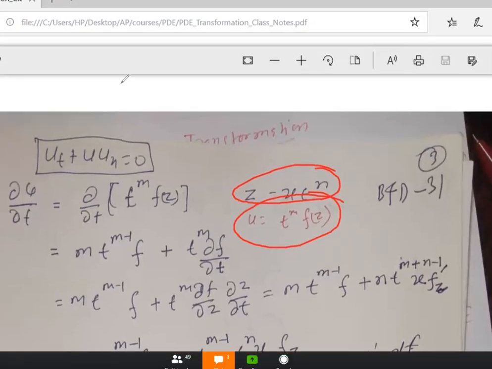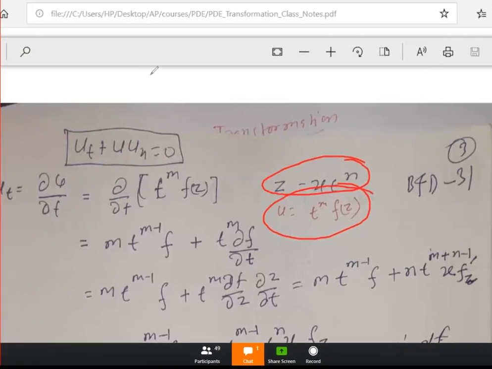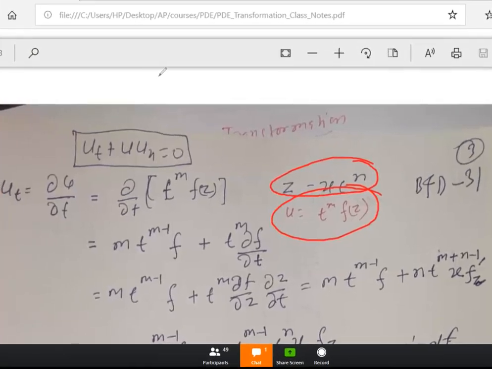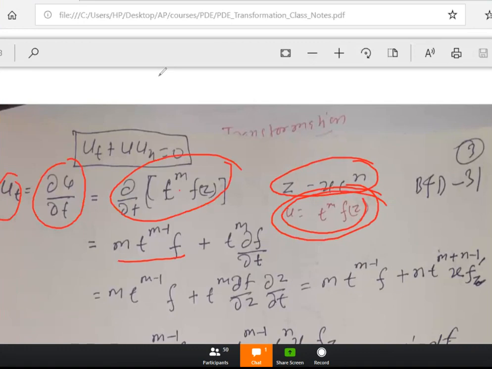So what should be u_t? So u_t, you just do the partial derivative of this. Okay, so you will get this. Now there are two terms, so this and this.